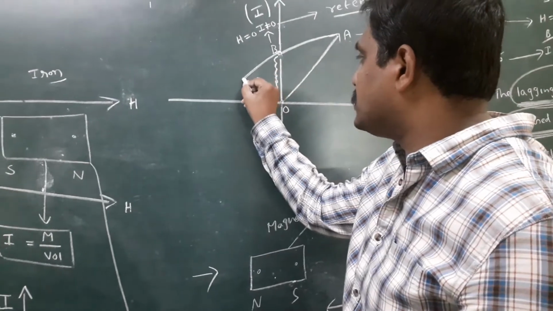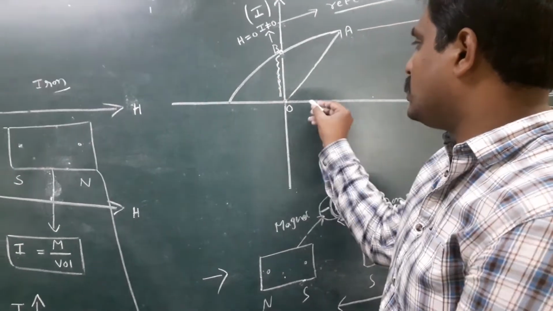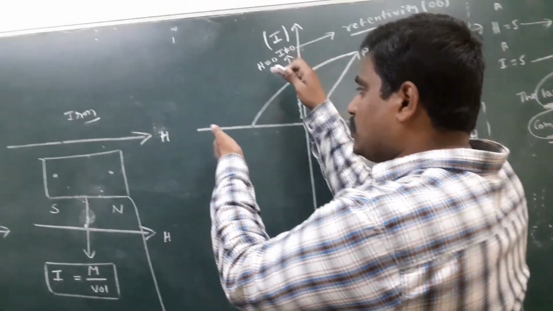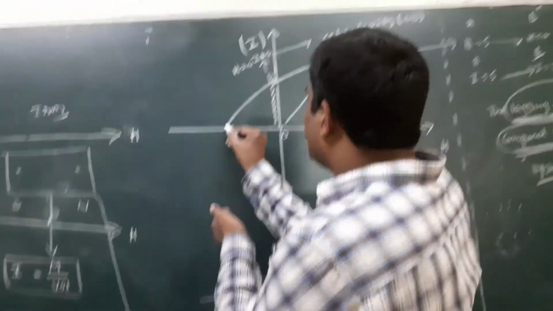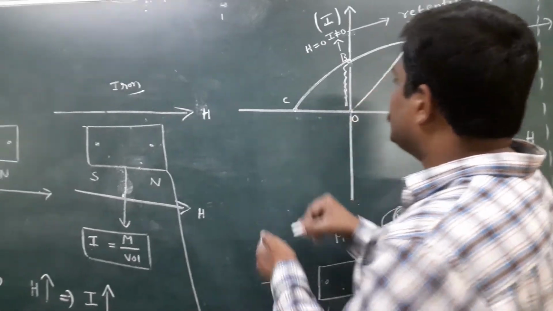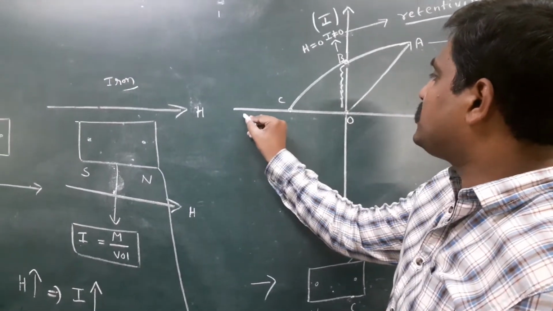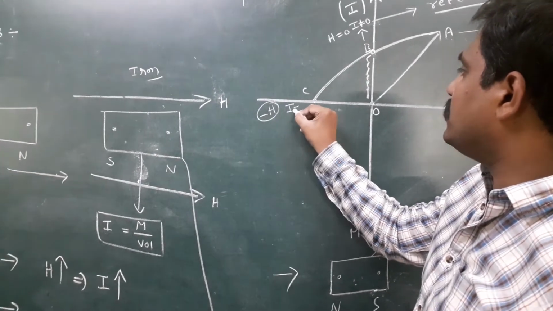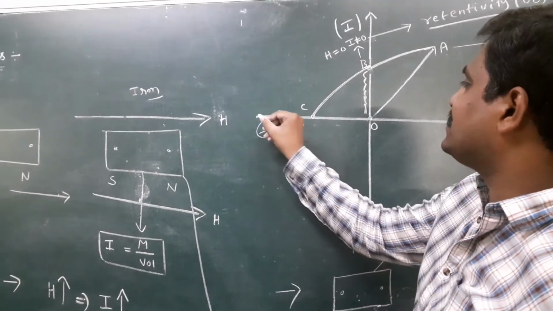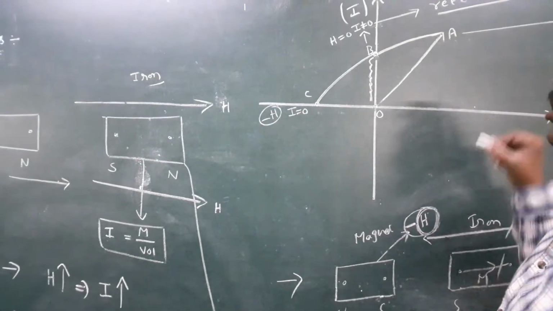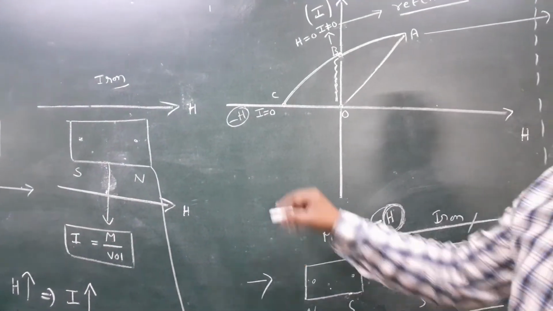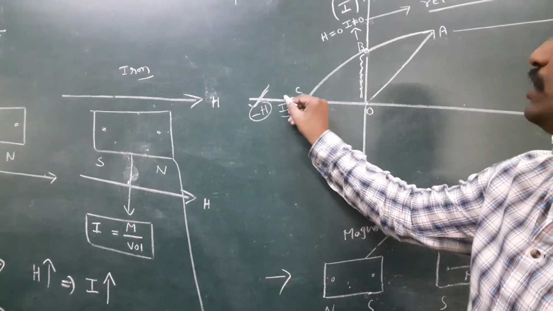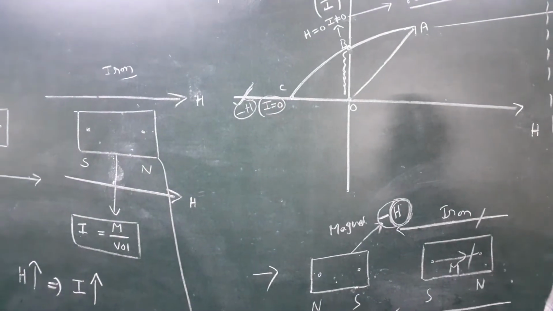Here, as minus H increases, I decreases, finally reaching this point C. At the negative H, I becomes 0. How is I zero? On the x axis, y becomes 0. That means the reverse field at which the intensity of magnetization becomes 0.